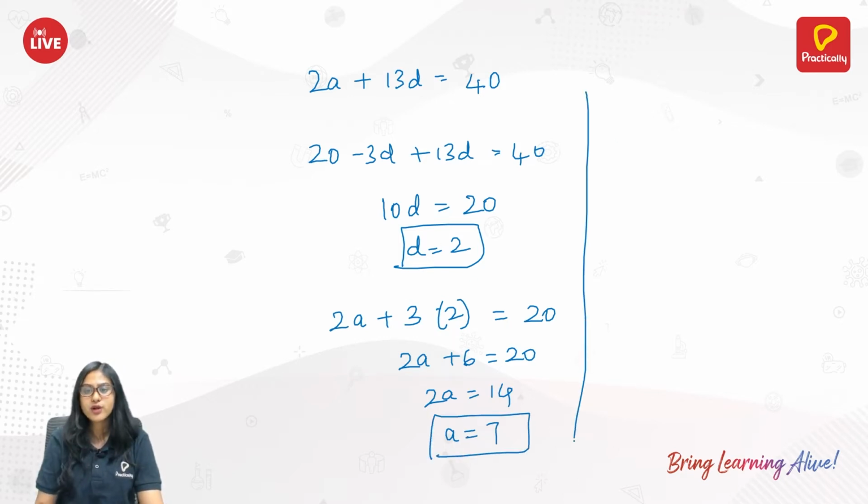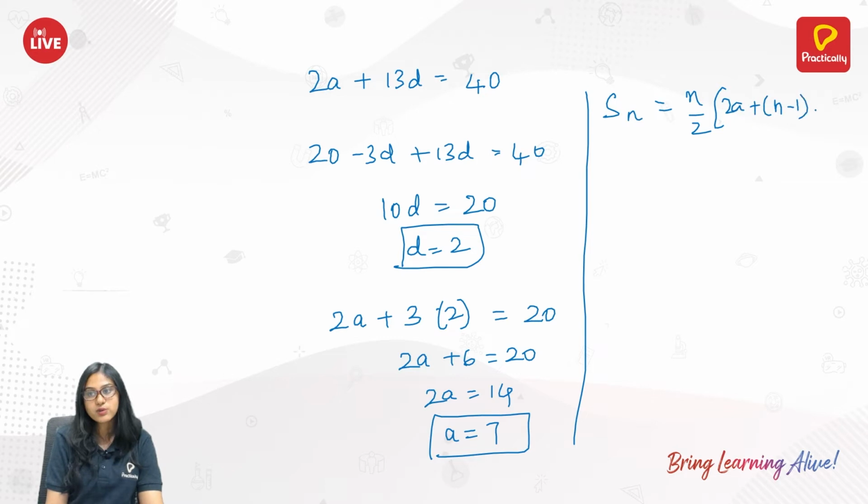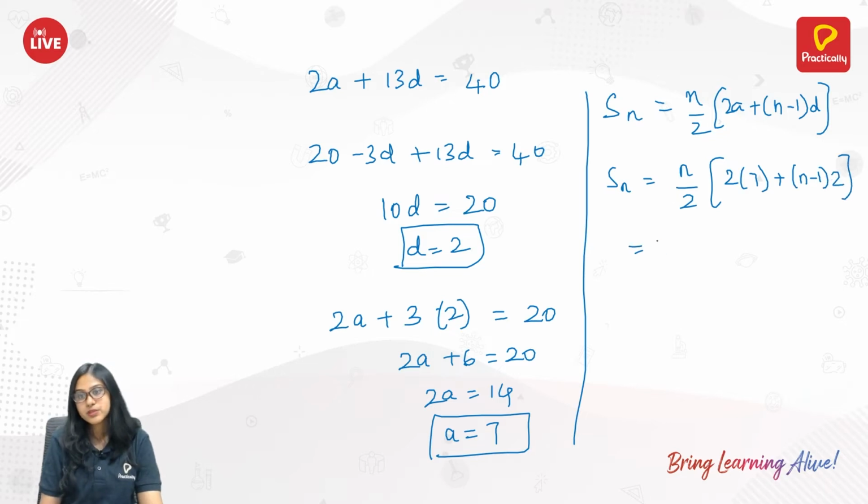What do we have to do? Find the sum of the first n terms. Sn equals n by 2 of 2a plus (n minus 1) into d. Now substitute the values of a and d here. Sn equals n by 2 of 2 into 7 plus (n minus 1) into 2. This will be n by 2, 14 plus 2n minus 2. 14 minus 2 is 12.